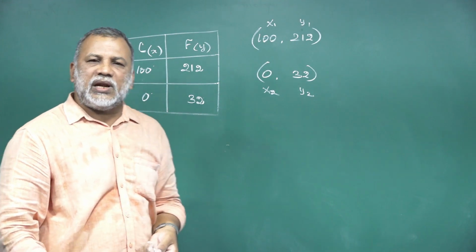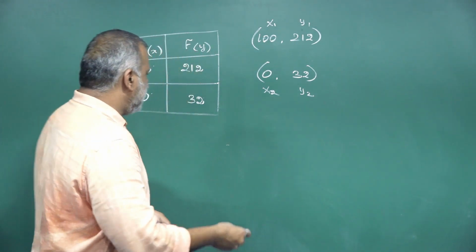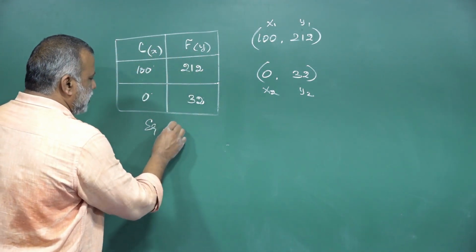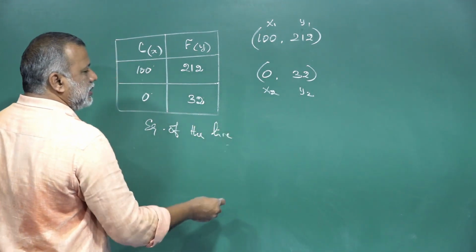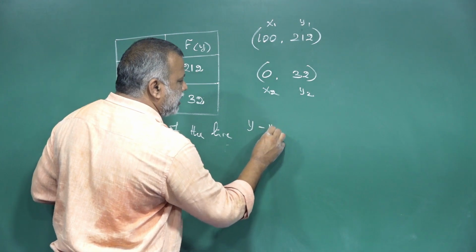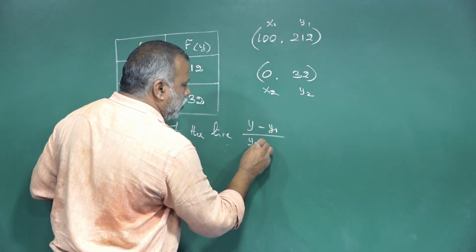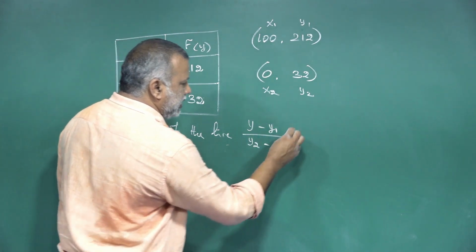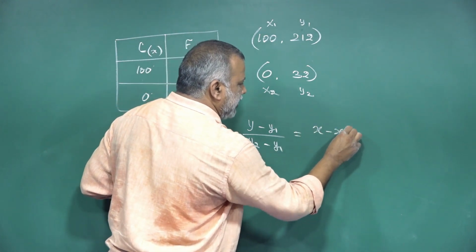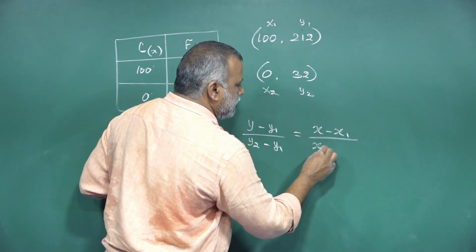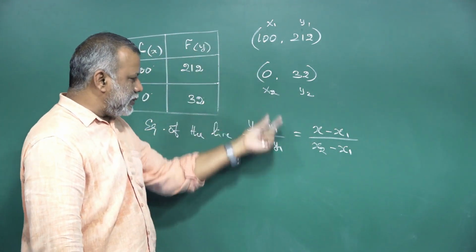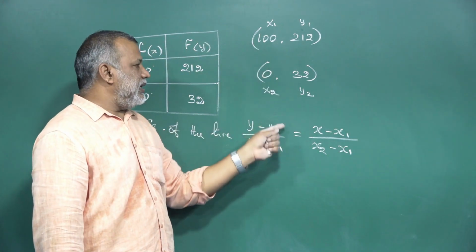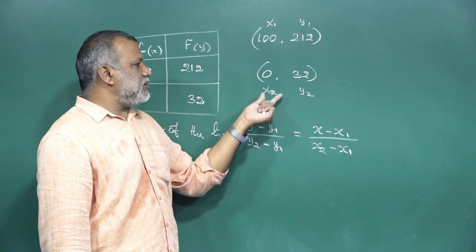Now, with the equation of the line joining any 2 points, you are able to formulate the equation of the required line. That is nothing but (y minus y1) divided by (y2 minus y1) is equal to (x minus x1) divided by (x2 minus x1). Now we have to substitute the data here. What are the data here? x1, y1, x2, y2.